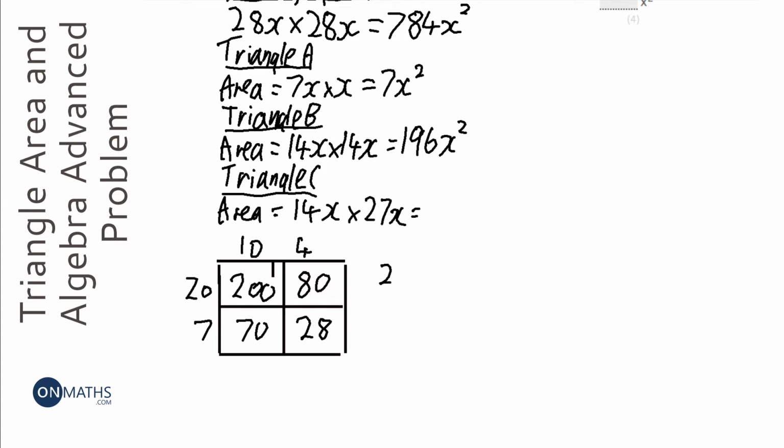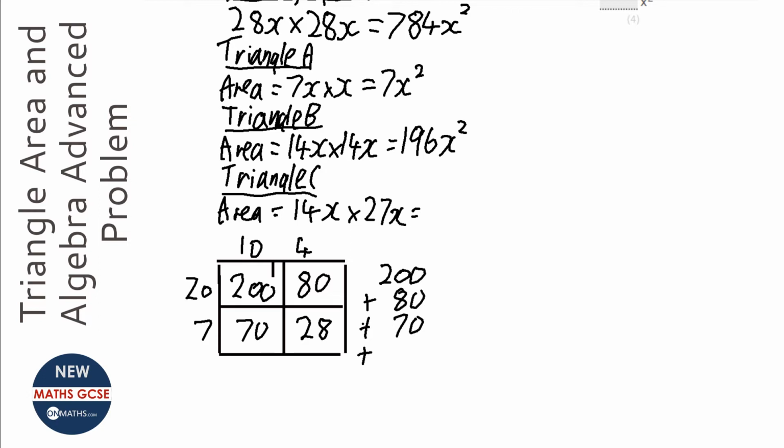So let's add them up. Okay, so the last one's going to be 8, it's going to be 15, 16, 17, and then add the 3. So that's going to be 378x squared.